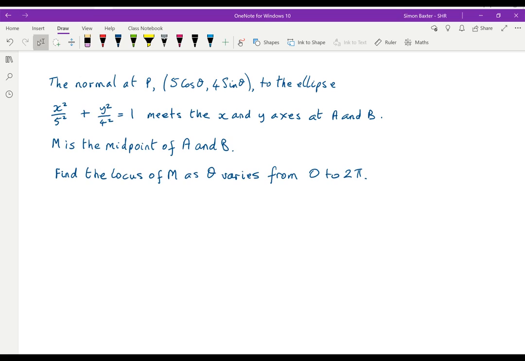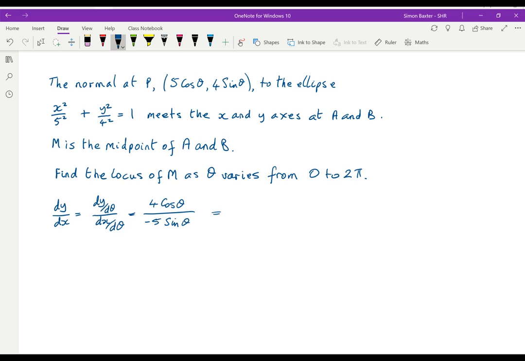Well, we're going to need the equation of the normal, which means that we need to start, as always, finding the gradient of the curve. Everything's in terms of theta, so we're looking for dy by d theta divided by dx by d theta. dy by d theta, differentiating 4 sine theta gives me 4 cos theta, and 5 cos theta gives me minus 5 sine theta.